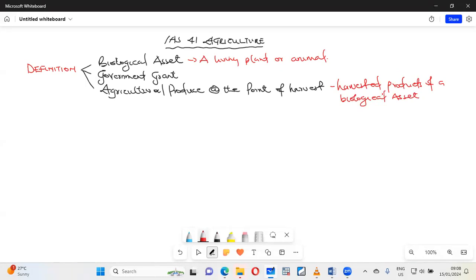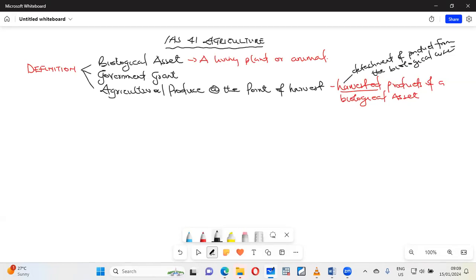When we say harvest, harvest simply means a detachment, detaching the product from the asset. That is what it means to harvest it.